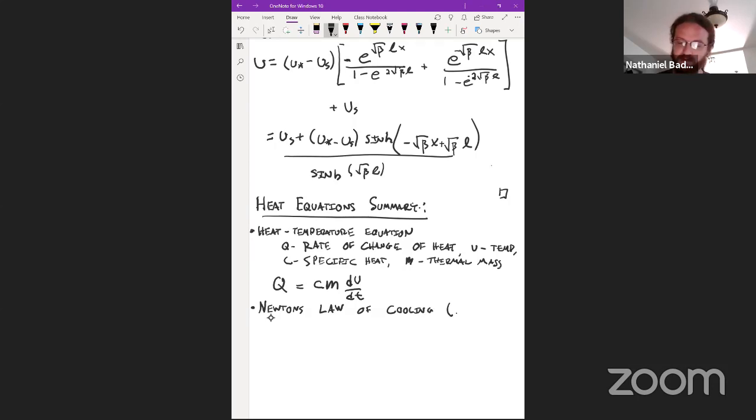Which I'll generally call NLC. So Newton's law of cooling is going to be roughly that, for everything above, and H, the Newton cooling coefficient, and S, the surface area of the interface.